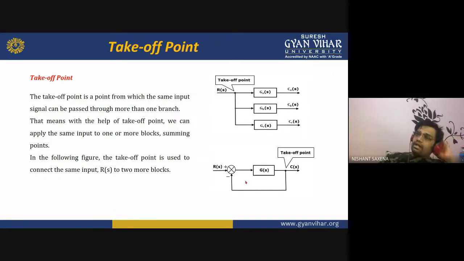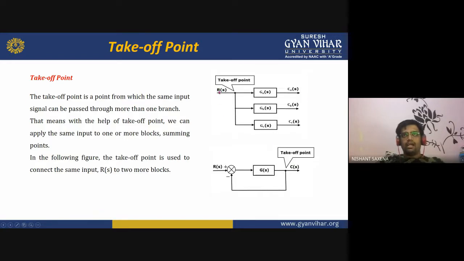Now the another element is the takeoff point. Sometimes it is also called the takeaway point. The takeaway point or takeoff point, both are the same. Now look at this block diagram.